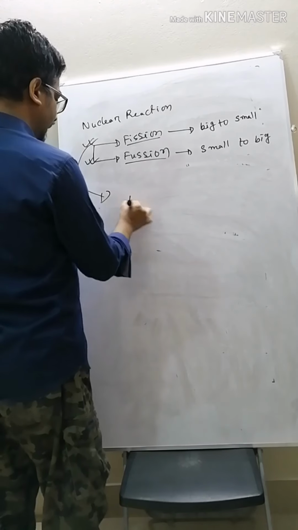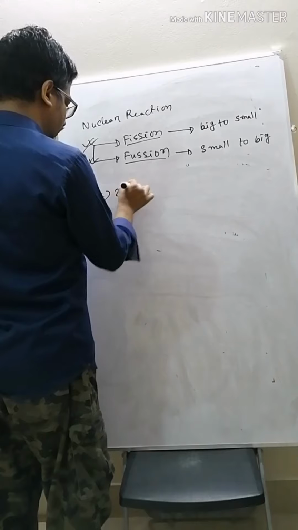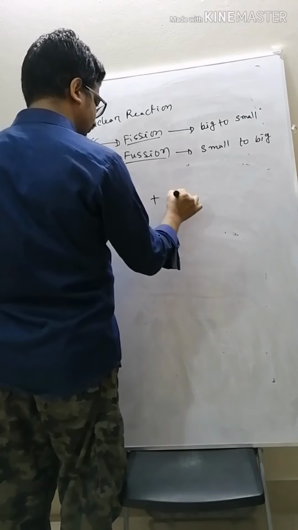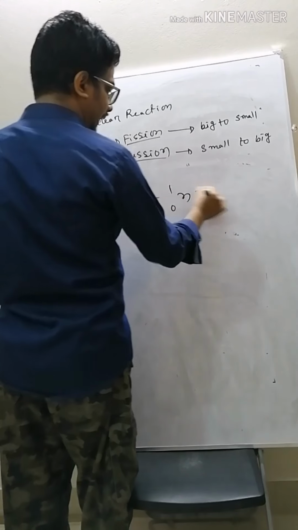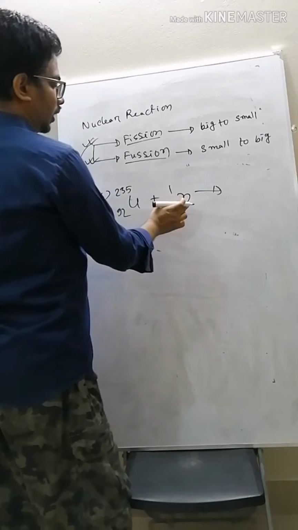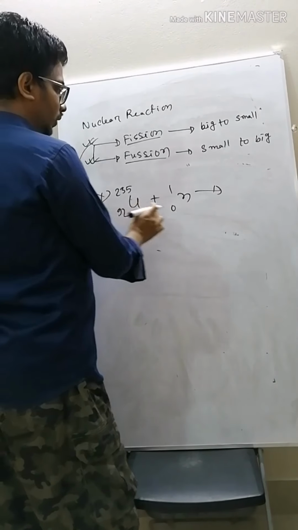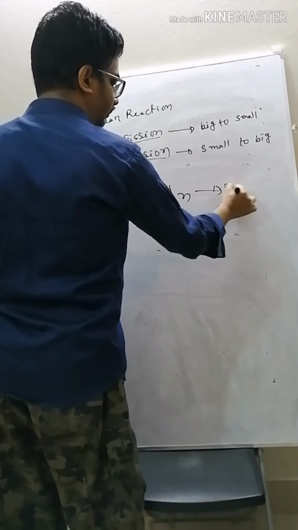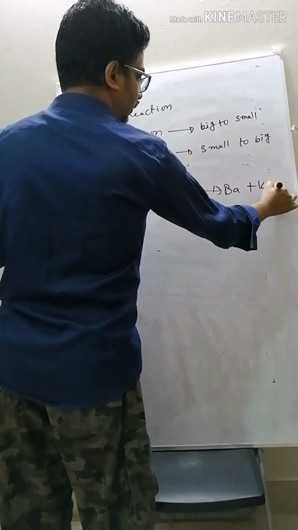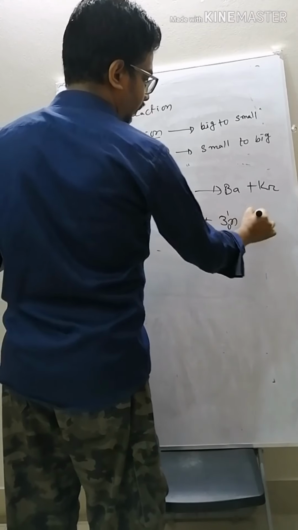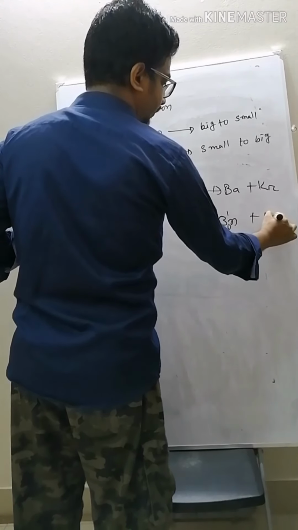Here uranium 235, 92, plus a neutron: the neutron will break this uranium and it produces barium plus krypton plus 3 neutrons and a huge amount of energy.